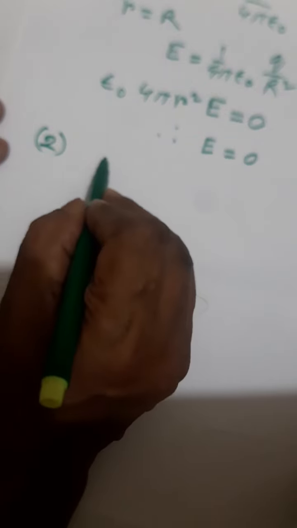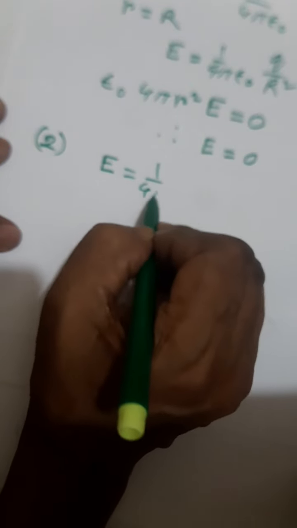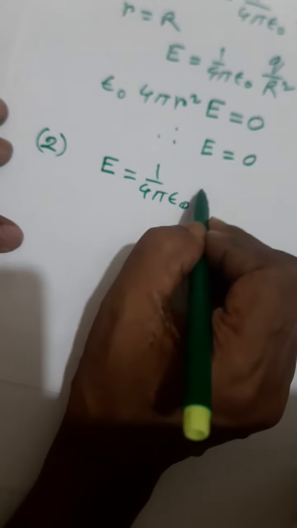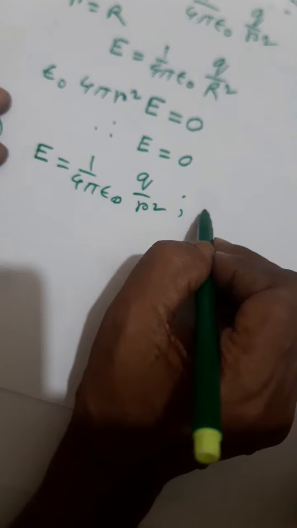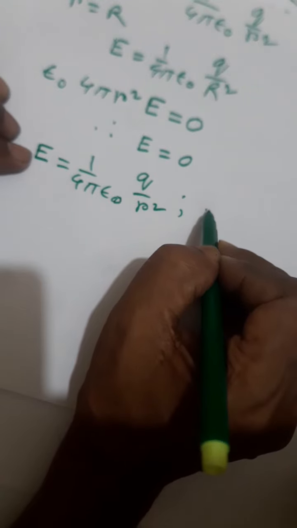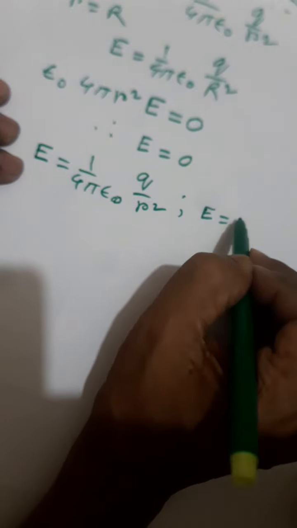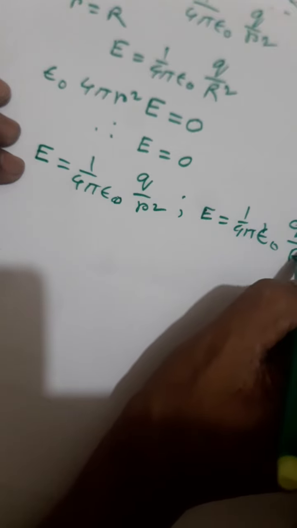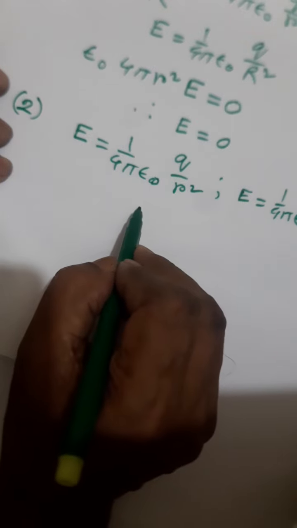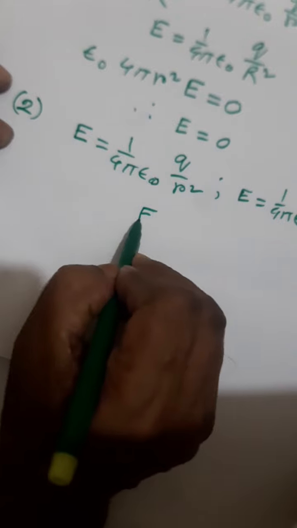That is, the electric field outside the sphere, E equals 1 upon 4 pi epsilon naught Q by r square. The electric field on the surface of the solid sphere, E equals 1 by 4 pi epsilon naught Q by capital R square, and inside the solid conducting sphere E equals 0.